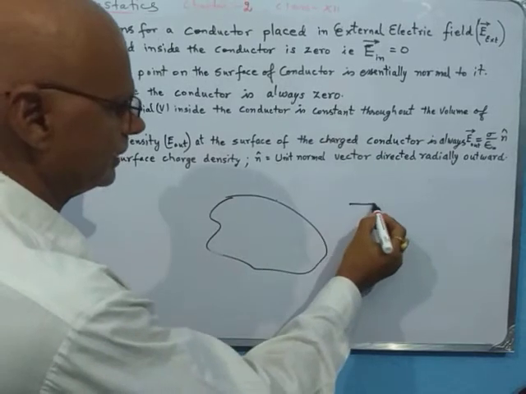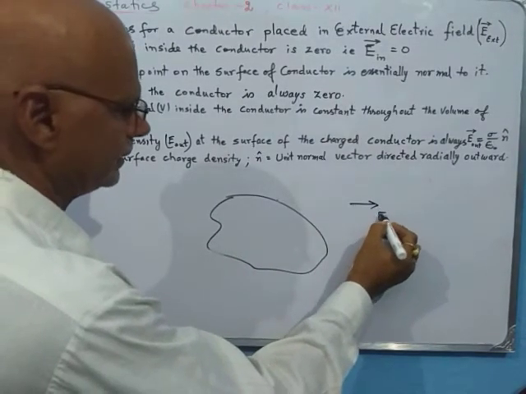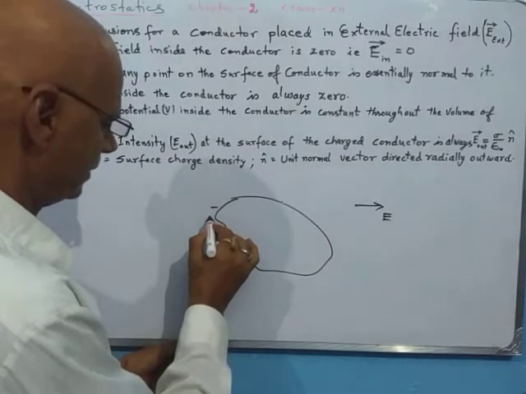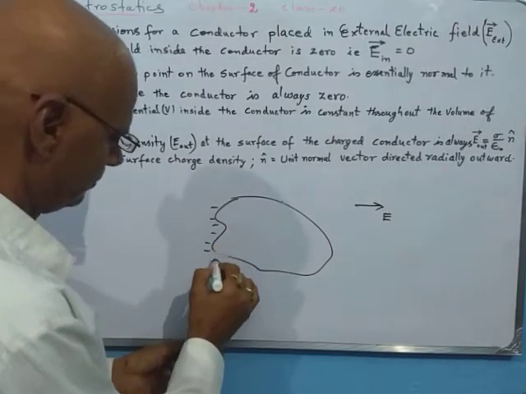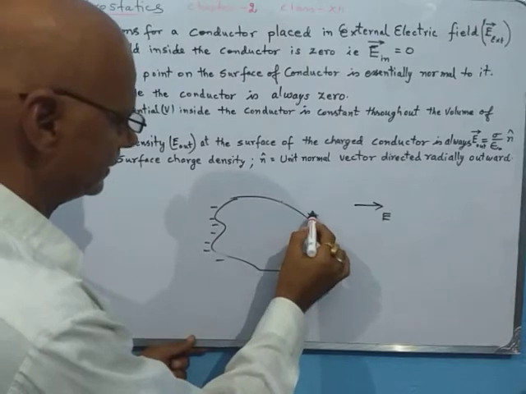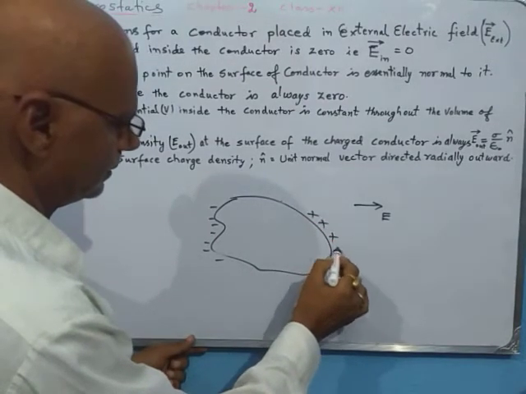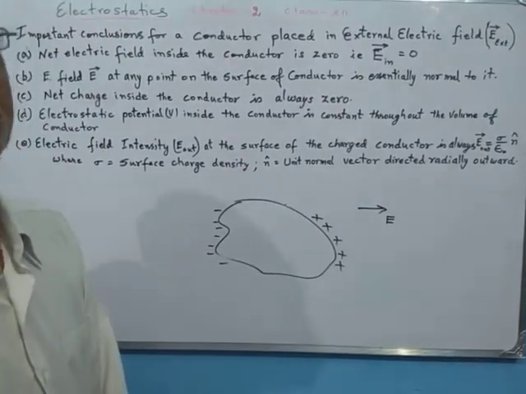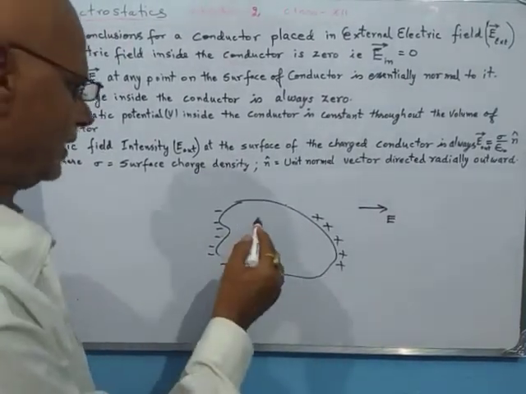Say for example, we have a direction of electric field in this direction, then the negative charges will be pulled at one face, and the remaining face will be left positively charged.